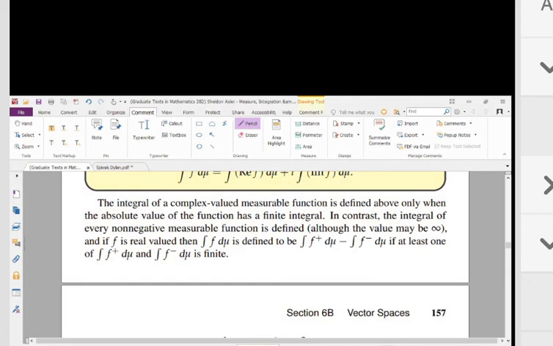The integral of a complex valued measurable function is definable only when the absolute value of the function has a finite integral. In contrast, the integral of every non-negative measurable function is defined, although the value may be infinity.